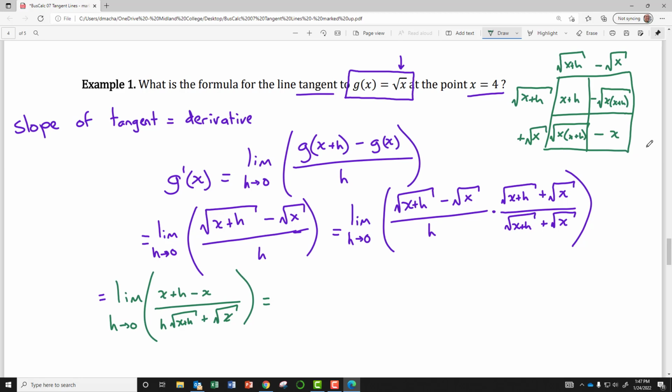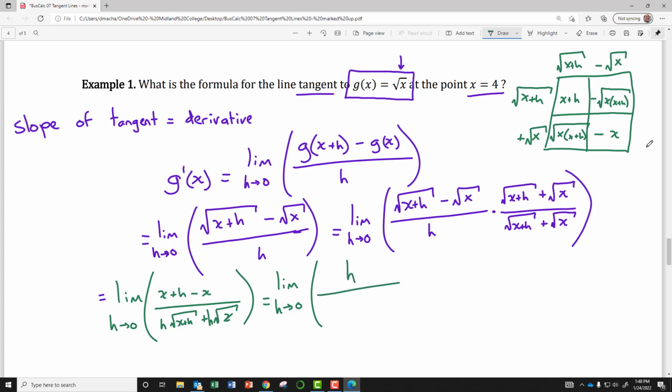Now let's take this limit as h goes to 0. Let me slow down and show you just one more step before I replace h with 0. Let me show you that in the numerator where I have x and minus x, that's going to cancel out and just give me h.